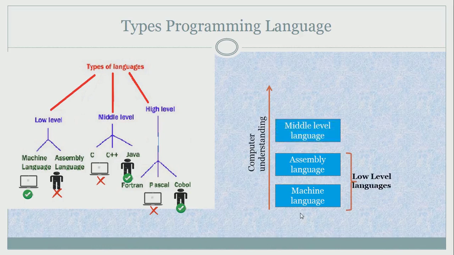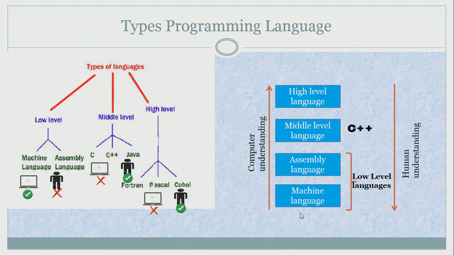Then comes the middle-level language. Middle-level language is difficult for computers but easy for humans, but not as easy as high-level language. And high-level languages are the most difficult for computers and needs too much translation. However, it is the easiest for humans. And not to forget that C++ belongs to middle-level language.